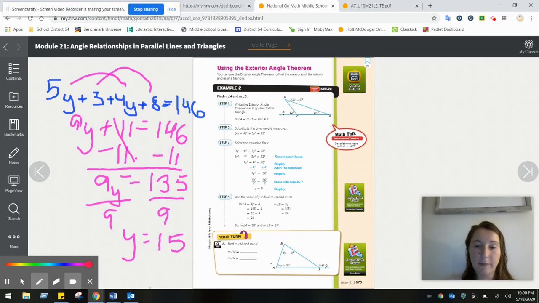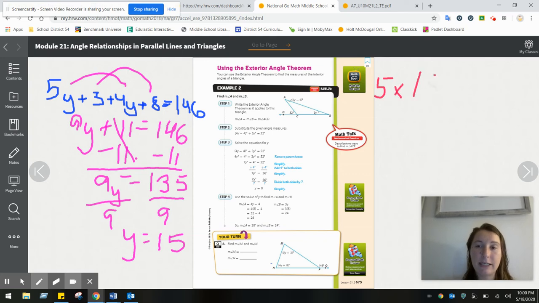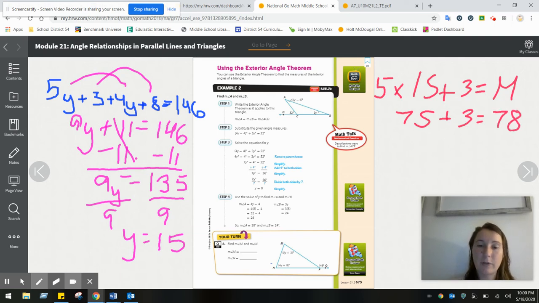And I'll start working. So if I have 5y plus 3 for M, I will plug in 15 for y. So 5 times 15 plus 3 equals M. And now I'll solve. 5 times 15 is 75 plus 3, which is going to equal 78 degrees. So the measure of angle M is 78 degrees.